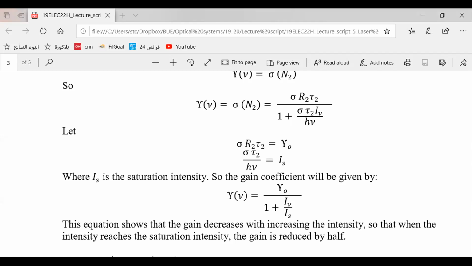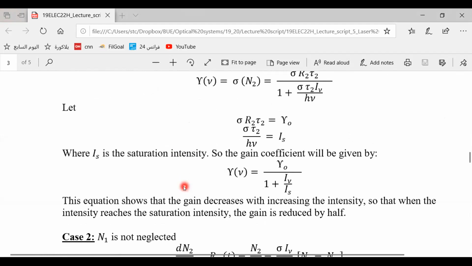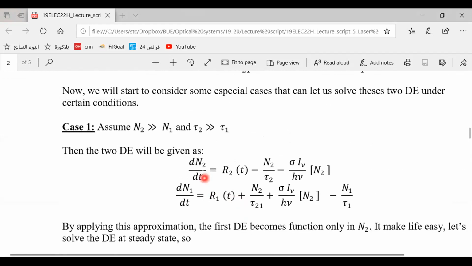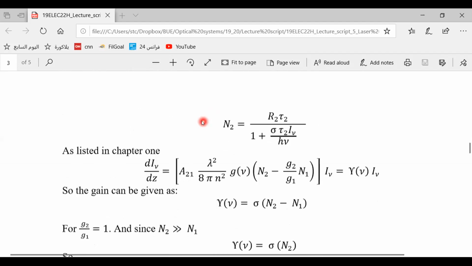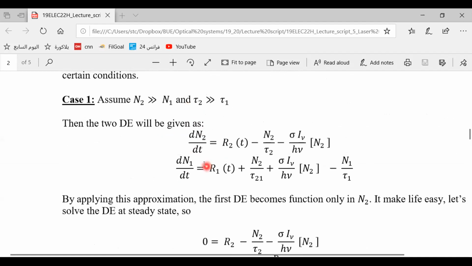So let's now turn to another term. Someone can say that, okay, I can agree with that, but please remember that in order to reach this equation, you made some assumptions. You said that N2 should be much greater than N1, tau2 should be much greater than tau1, and also you said that you are now working at steady state, so you put dN2 by dt equal to 0.